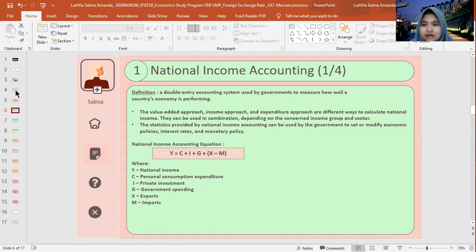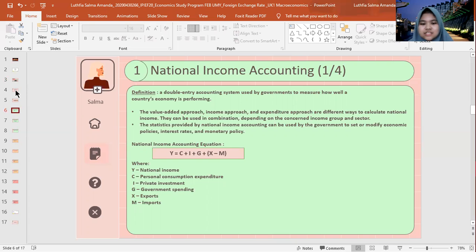National income accounting refers to the government budgeting system that measures the health of an economy, projected growth, economic activity and development during a certain period of time, and it can help in assessing the performance of an economy and the flow of money in an economy.